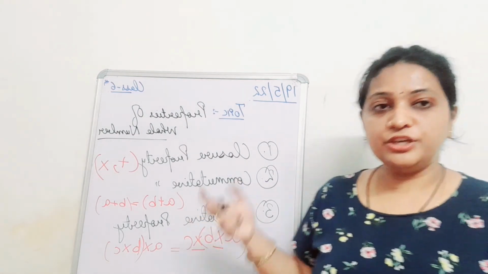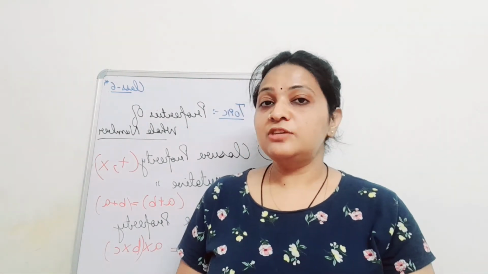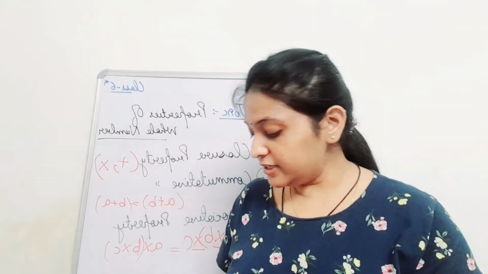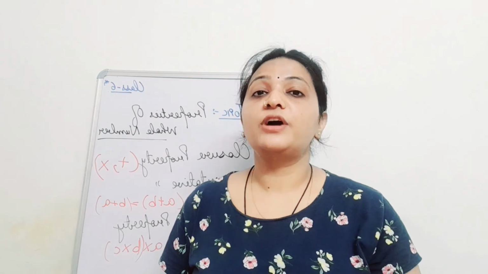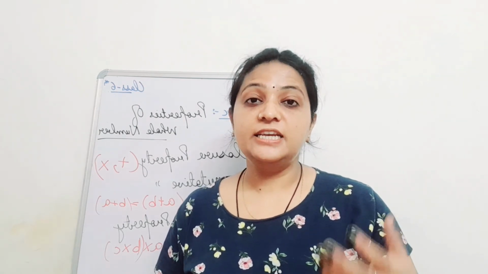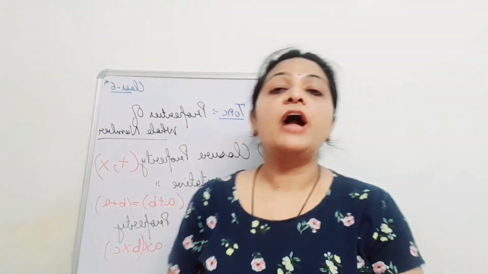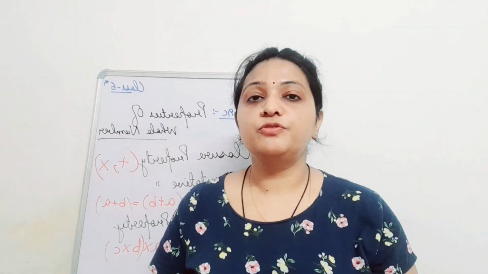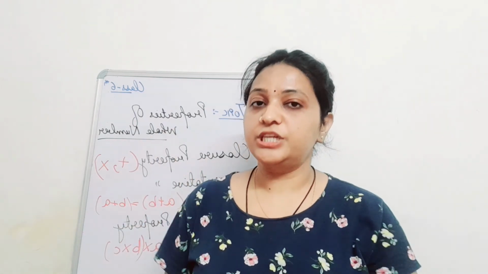So I am going to give you some questions which you have to do in your notebook. Please jot down these questions from the book exercise. And now I am going to give you one activity also, by which you will enjoy and learn and remember these properties. Okay. So it's up to you whether you want to make a chart or use an A4 sheet.